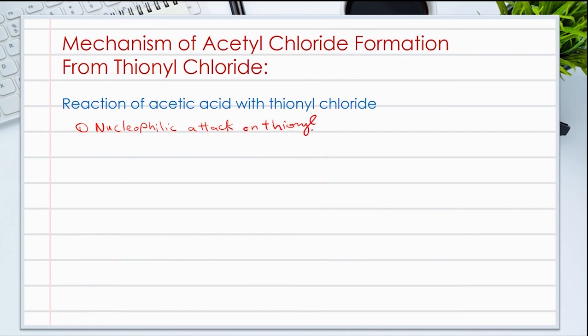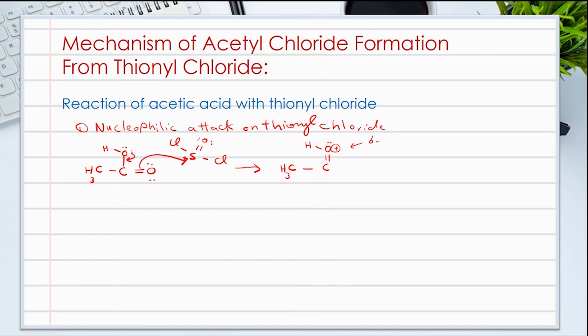First, the nucleophilic attack of the double bond oxygen on the thionyl chloride to form a complex, CH3COH, positive here because the oxygen has only 5 surrounding electrons and its valence electrons are 6, so 6 minus 5 equals the positive we write here.